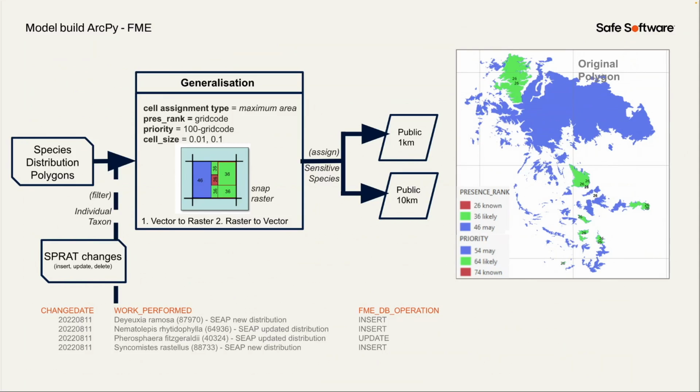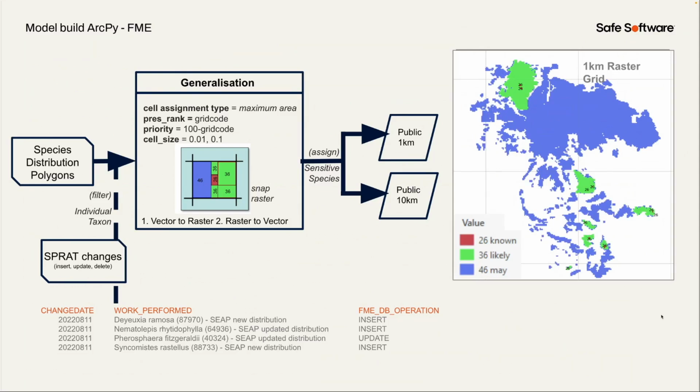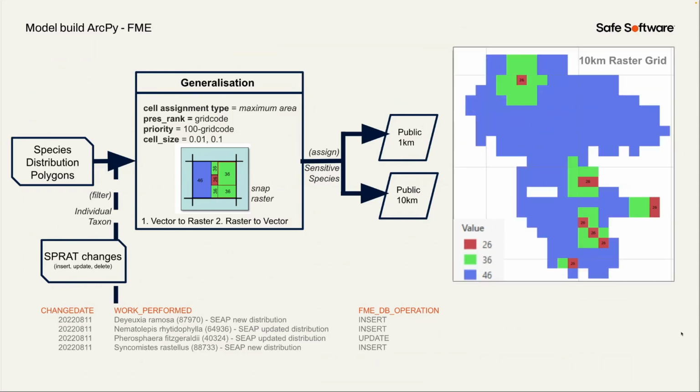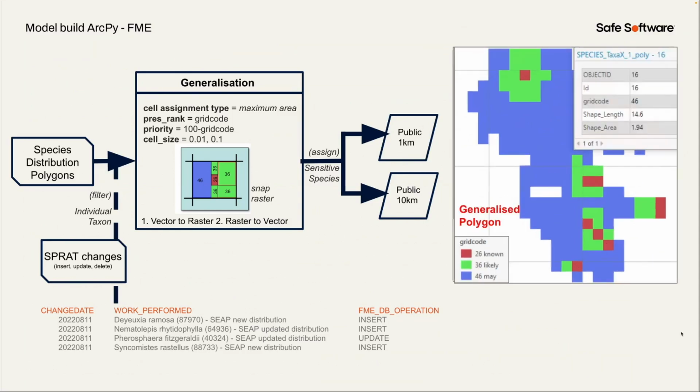And my job here was to assess whether or not I could build it into FME as well. Over to the right here, you see a little graphic of the actual distributions in their raw detail. This is a 1 kilometre grid processed and the 10 kilometre. So these were the 2 goals of processing and then eventually converting the data back to vector.